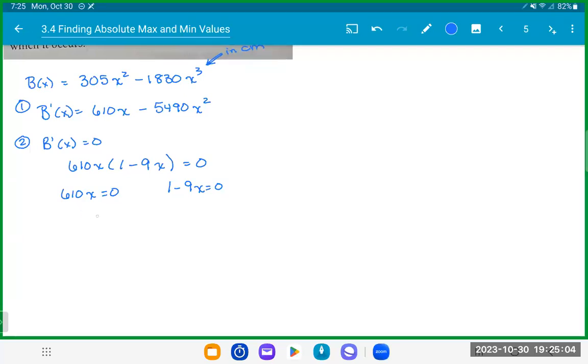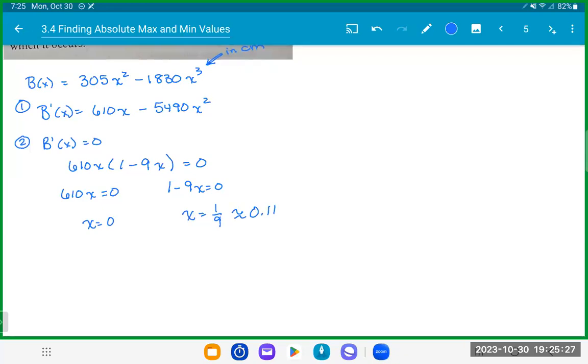So divide both sides by 610 here, and I get that x is 0. For the other one, I subtract 1 from both sides, divide by -9, and I get x is equal to 1/9. That's approximately 0.11.